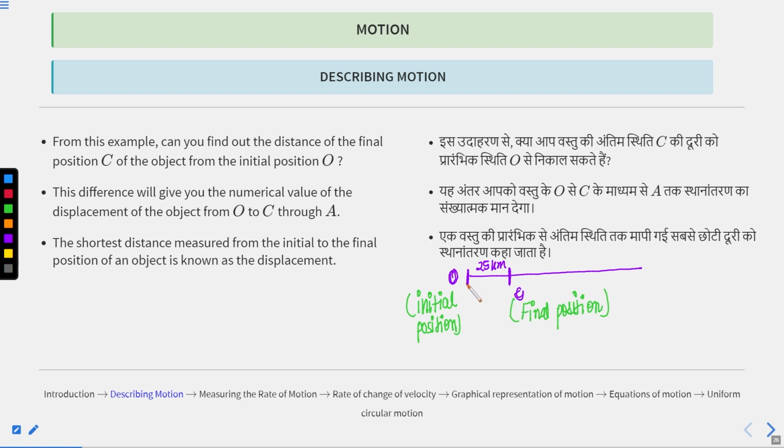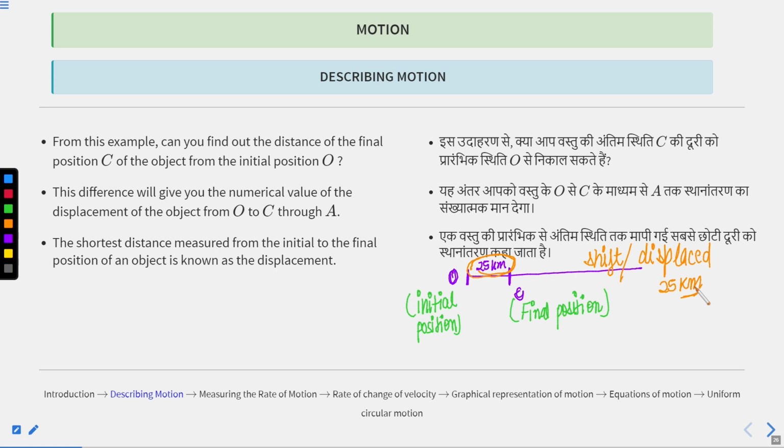Originally, you were at O position. And the distance between O and C is 25 kilometers. So you have displaced 25 kilometers. Is it clear, class?